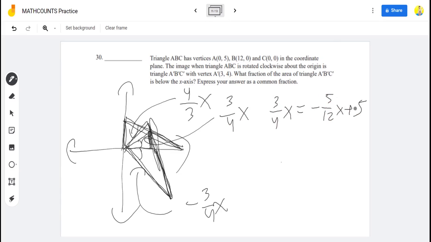And this is because the equation for that line right here is y equals -5 over 12x plus 5. We find out that x is just 30 over 7.